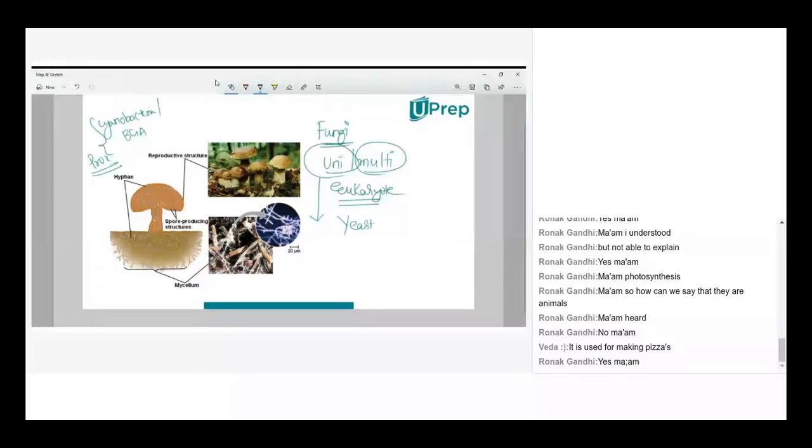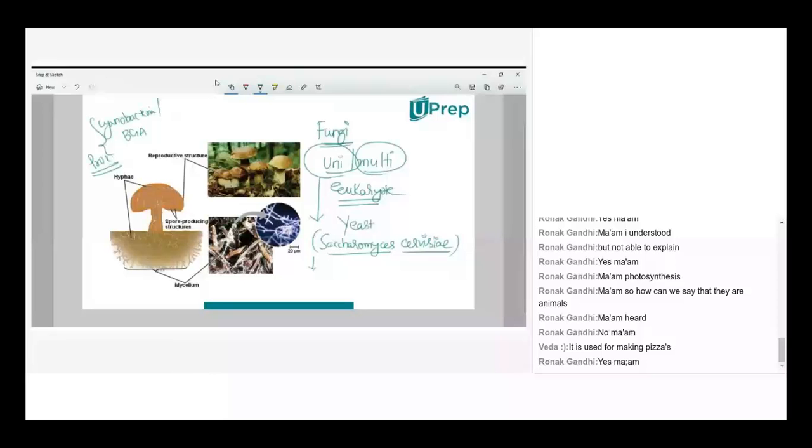I'm giving the biological name of yeast: Saccharomyces cerevisiae. That's the biological name of yeast. Other than yeast, there is bread mold as another example.